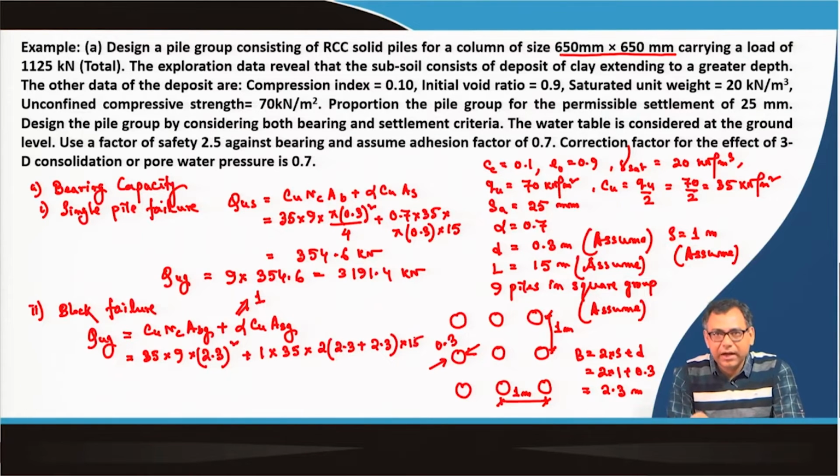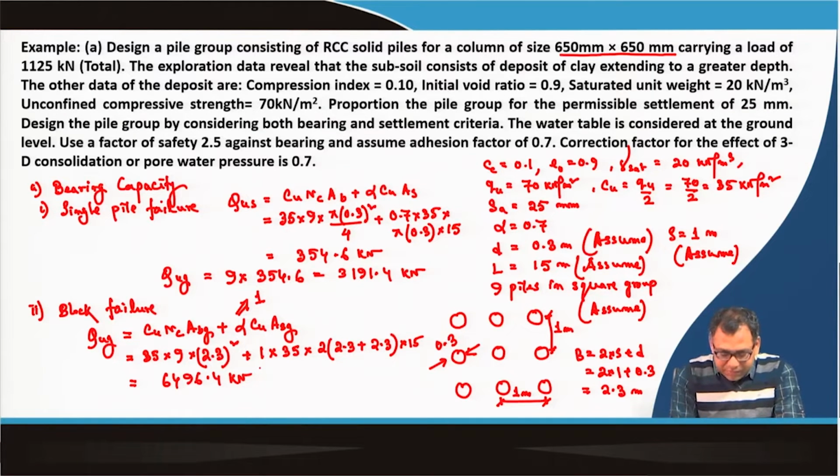Perimeter into the length will be the surface area. So, that is equal to 6496.4. That is the load carrying capacity of the pile considering block failure.